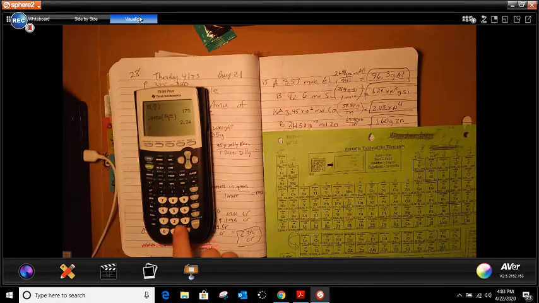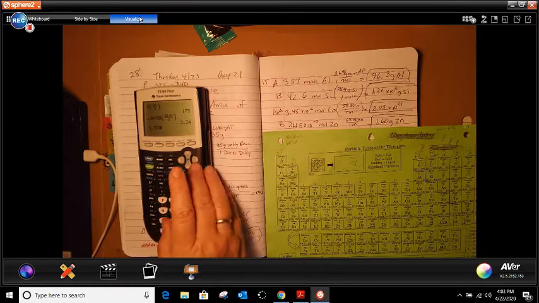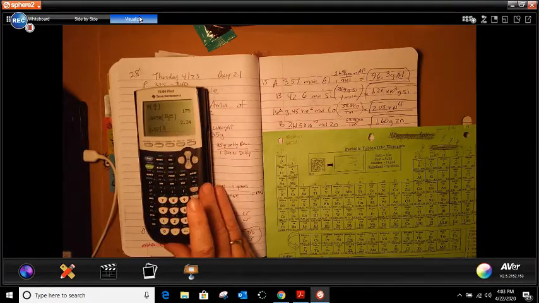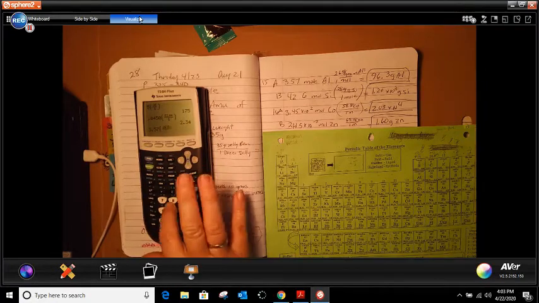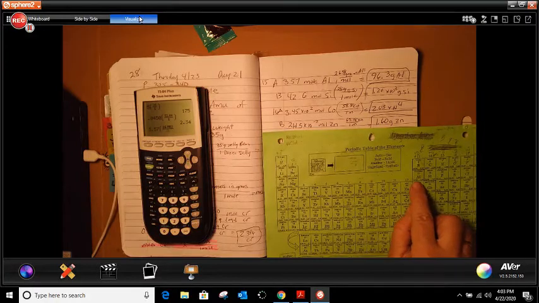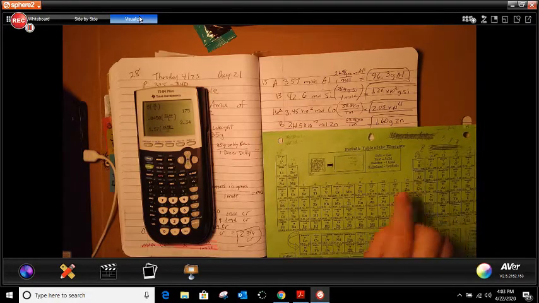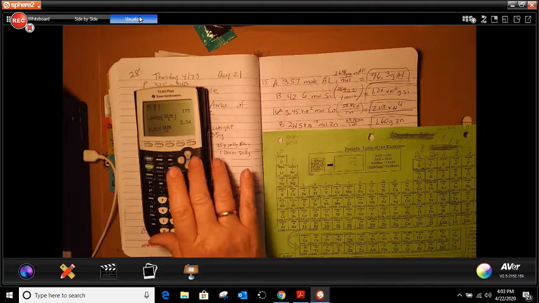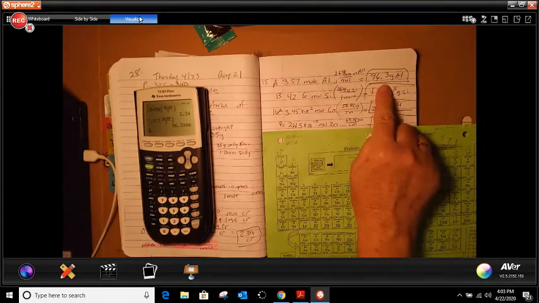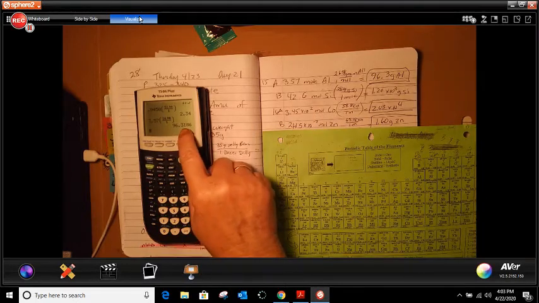I do 3.57, open bracket, alpha Y, enter, then 26.98. Where did I get that from? I got it from my periodic table, from the AMU, over 1 mole, close bracket, and I got 96.3. Look at the 3 there; that's the reason why I rounded it to that.